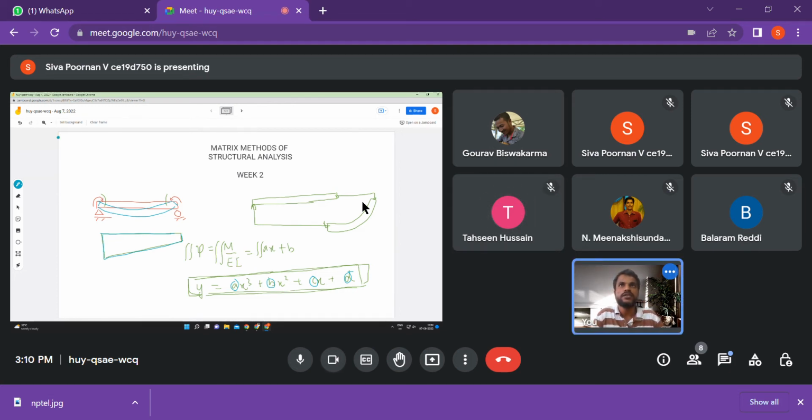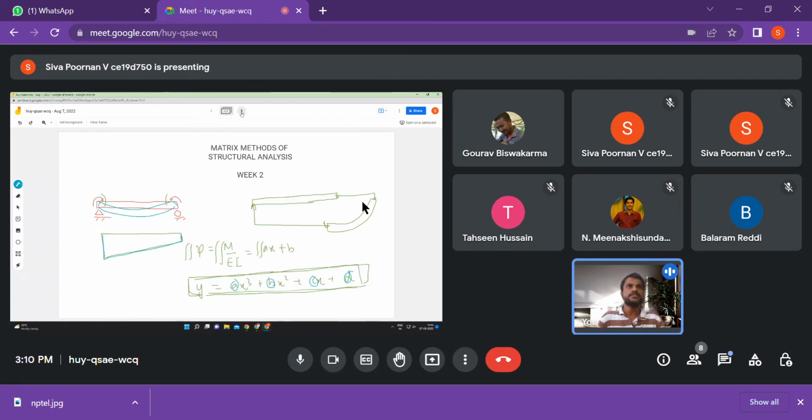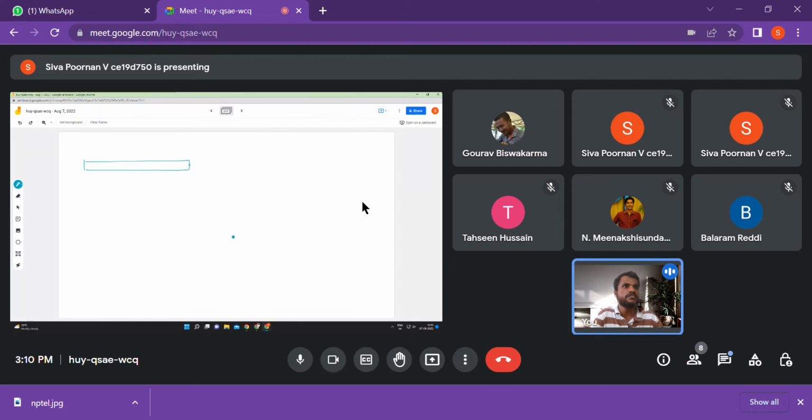Okay. So this is what we were discussing last time, and then we can proceed to see kinematic indeterminacy, right? Can we find the kinematic indeterminacy of a complex frame system and see what it is? So let's say we have a portal frame.